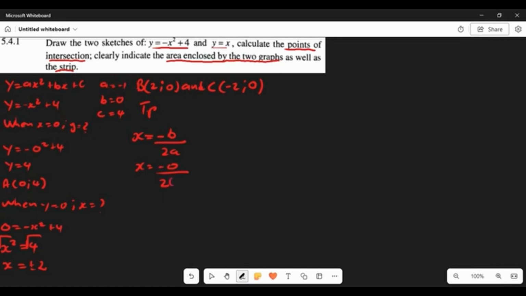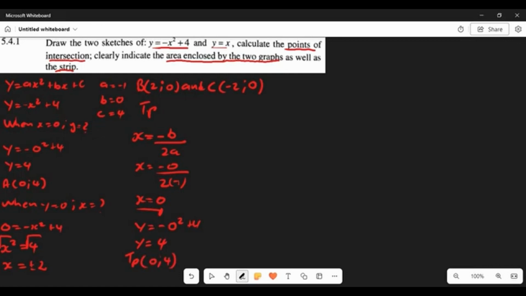So we're going to put negative 1 there. But 0 divided by anything equals 0. So meaning our x is 0. Now we're going to substitute the very same x that you got here to find the y coordinate for our turning point. So let's do it. We can say y equals, wherever there is x, we substitute 0. It's going to be negative 0 squared plus 4, meaning now y equals 4. We can say TP, which is our turning point, is 0.